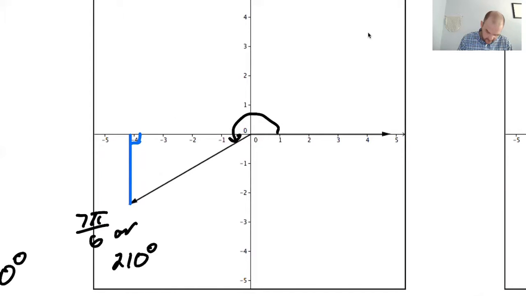So this angle right here. Think of it, you went 180 degrees to get to the horizontal, and then you went 30 degrees more. So this is 30. I basically got that by doing 210 minus 180, or pi over 6. And it is a pi over 6, 7 pi over 6, pi over 6 reference angle, kind of makes sense.